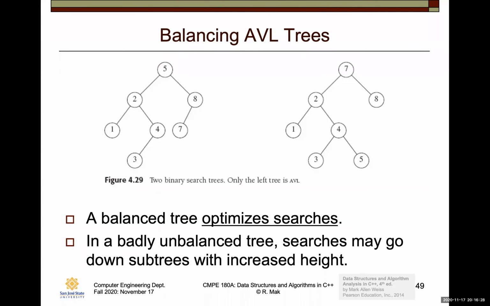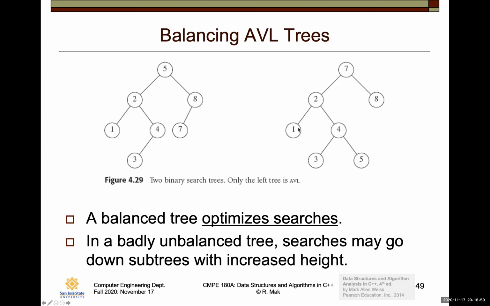All right, so a balanced tree optimizes searches because, see here, if you're searching starting from the root, the longest path you have to search here is 1, 2, 3, and here, because this is unbalanced, is also 1, 2, 3.